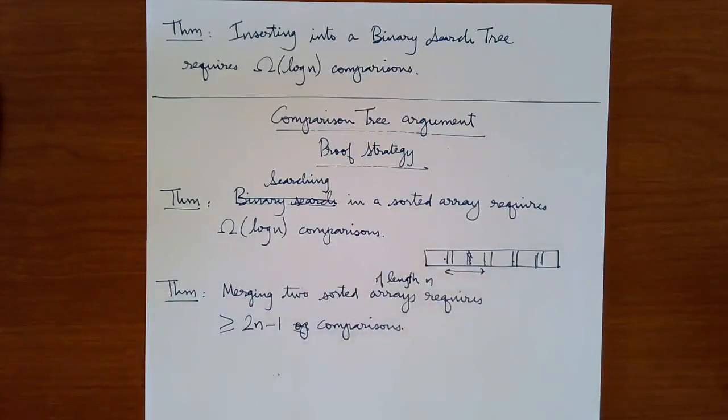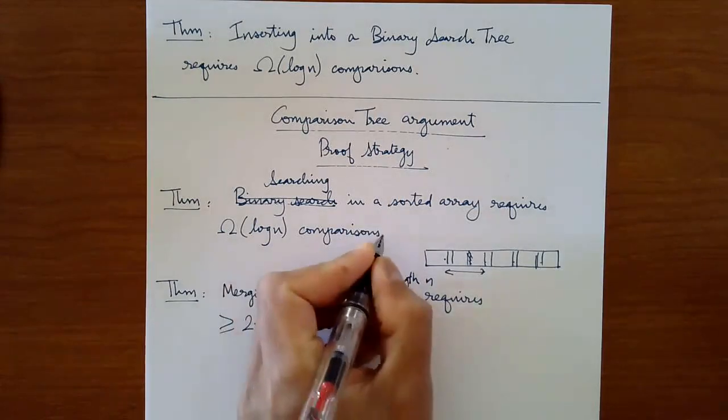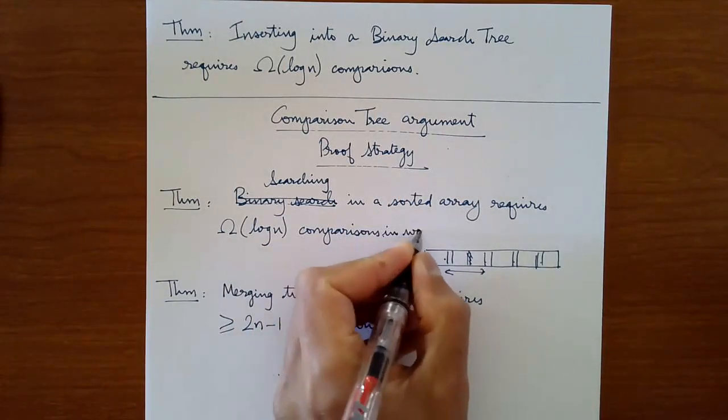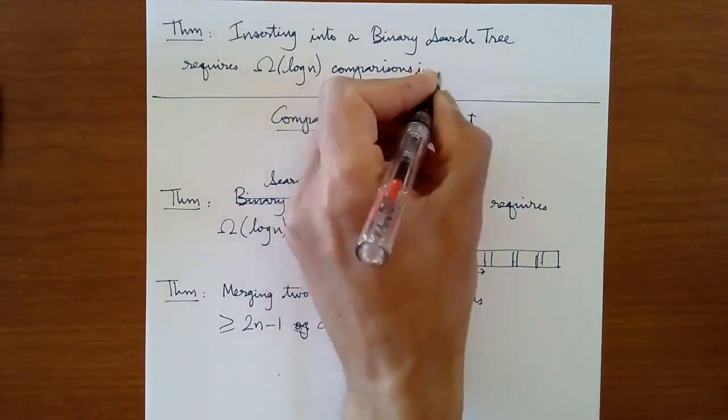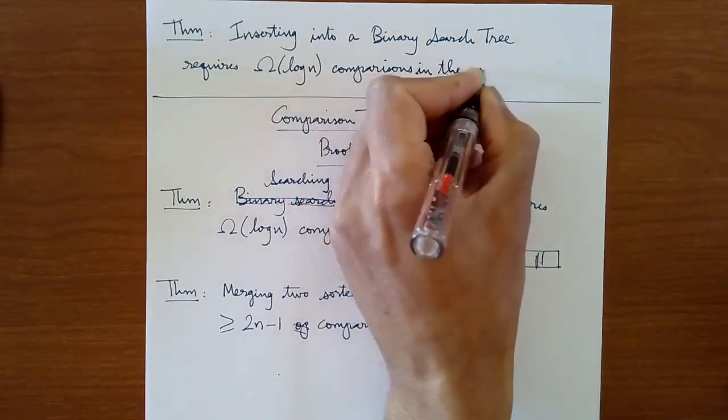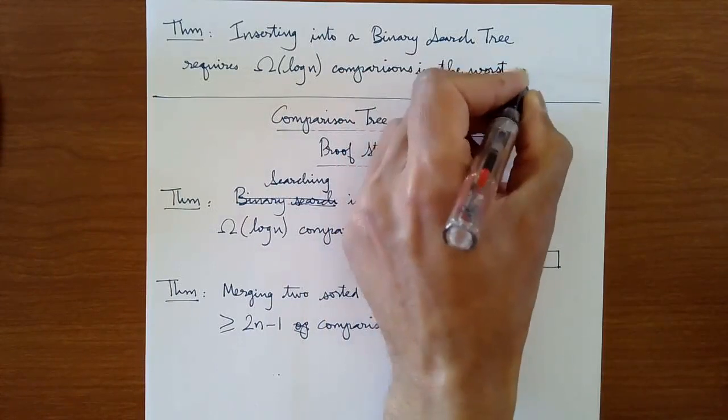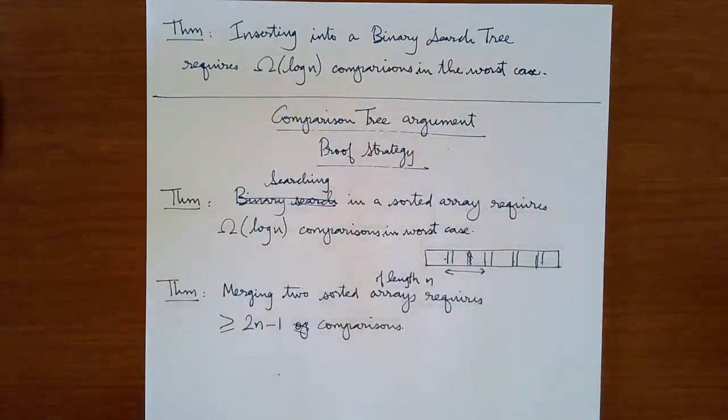It means that no matter how you do binary search, there's always some instance that's going to lead to log n. Now, maybe I should have stated this precisely in the worst case. This is all in the worst case. There could be instances where you beat this bound, but the same algorithm cannot beat it all the time.